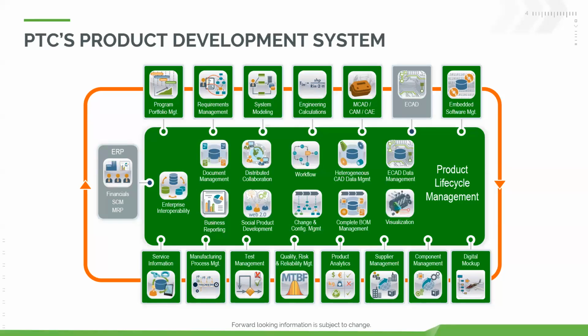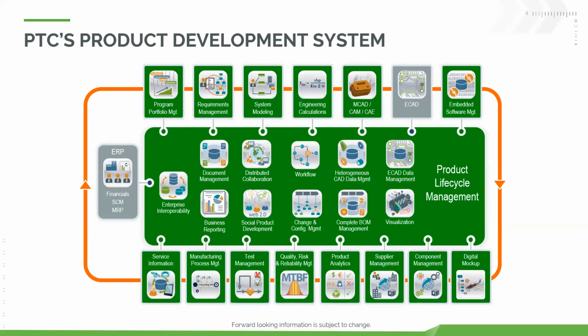If you're heavy on manufacturing, then manufacturing process management in the bottom left is going to be something you're going to want to look into, so that from your original bill of materials, you can create manufacturing BOMs, you can create work instructions and process plans, and include users in there and plant information. You might have different manufacturing facilities that do things slightly differently, and you want to capture that data within your PLM system.